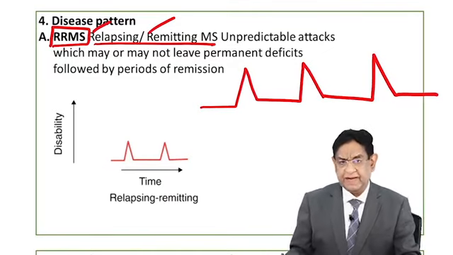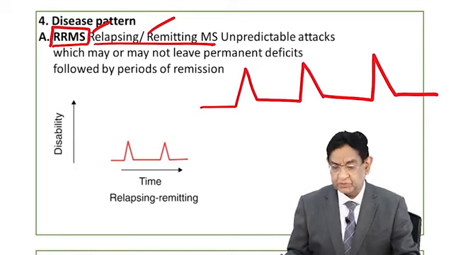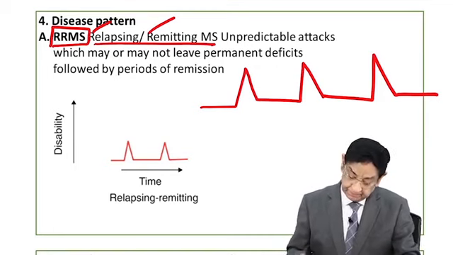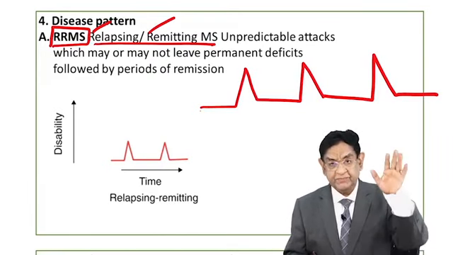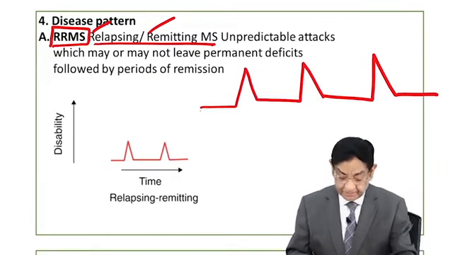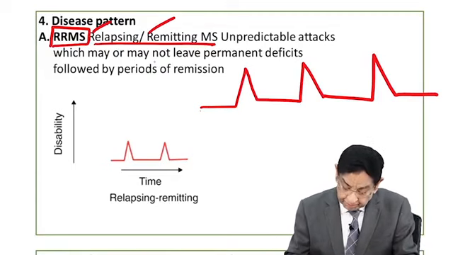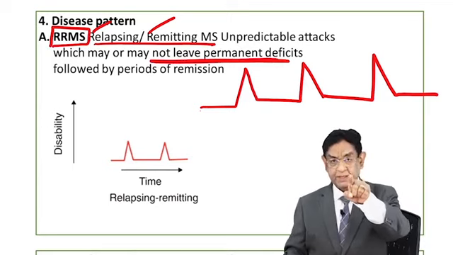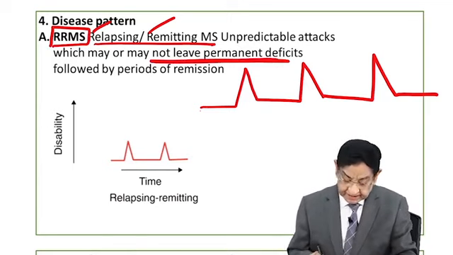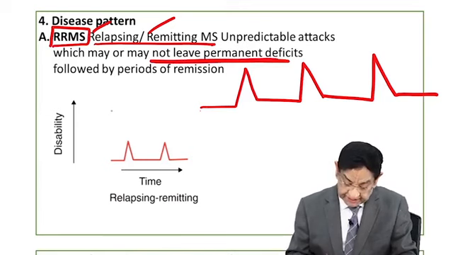It's classical, but I also described it in the previous questions. Patient has a problem, but when the disease disappears, he becomes perfectly normal. No permanent deficit. Point to be noted. This is relapse remitting. No deficit. No permanent deficit.